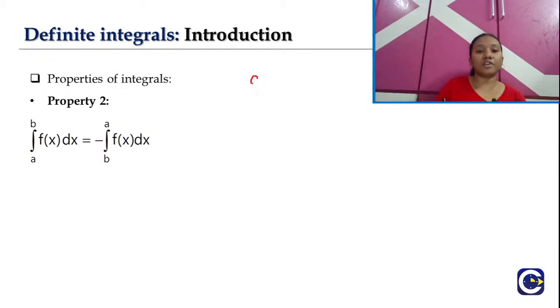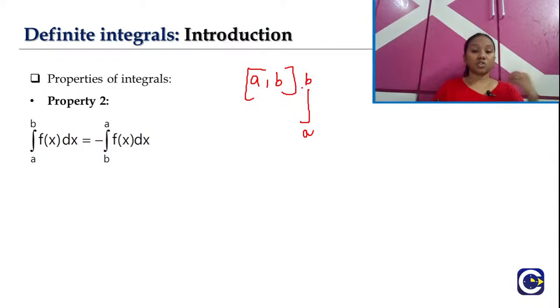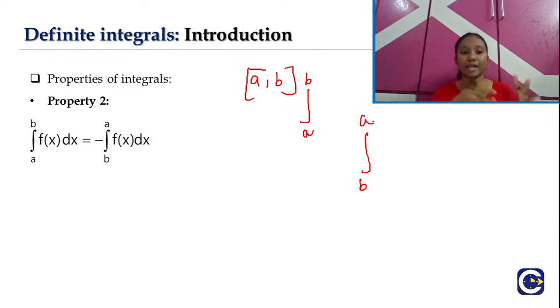If my limits are a to b, and I want to write it as b to a, which means I am actually changing the direction, then a minus will be added here. Right, so integration of a function f of x dx from the limits a to b can be written in another way by simply changing the limits.